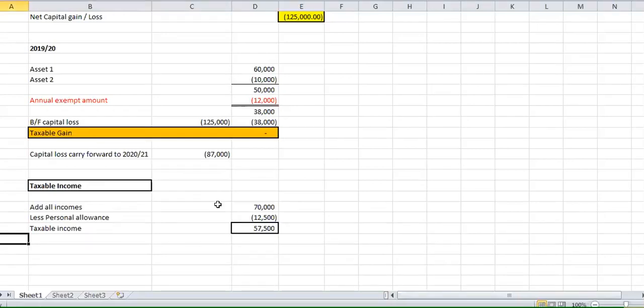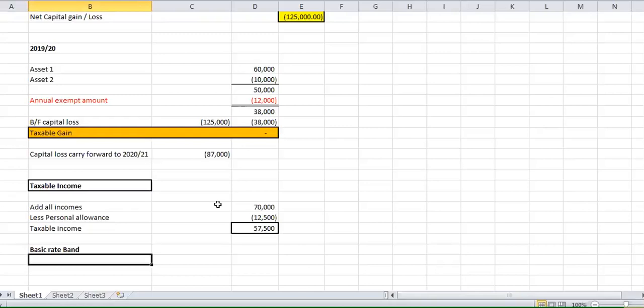Now, why are we going to cover this point? The next term which I'm going to explain is basic rate band. Students, basic rate band is a level of tax.